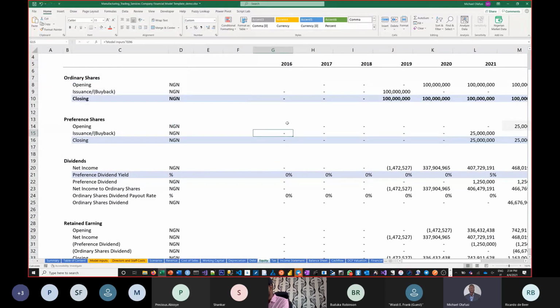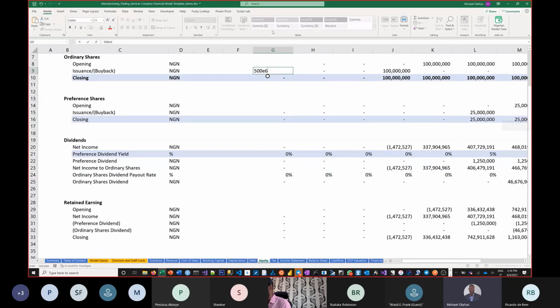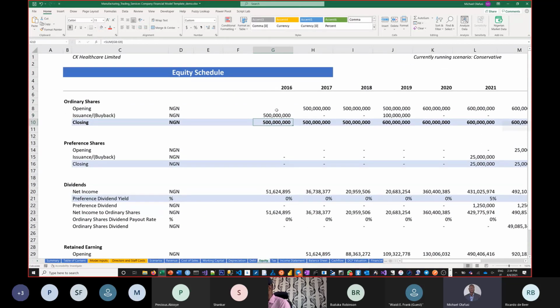Okay, great. So let's say that in the first year, we had ordinary shares issuance. So we raised money of 500,000 naira. And for preference shares, we raised 100,000 naira.